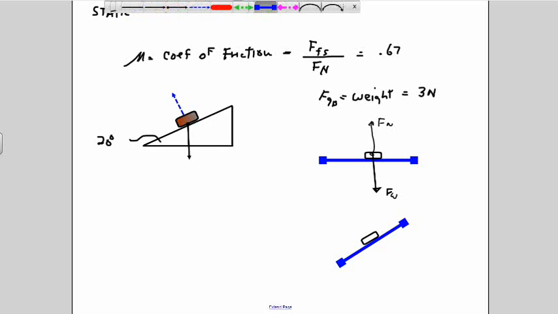The force normal starts to get a little bit smaller. But the force of the block, the weight itself, pointing always toward the center of the earth, still looks as it did before. So this magnitude right here and this magnitude are the same. Force of weight, force normal.